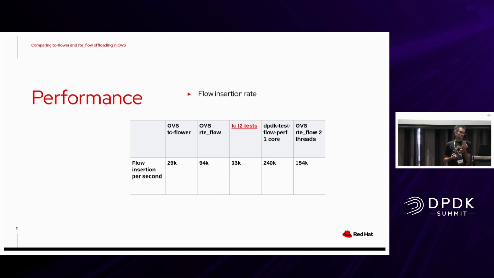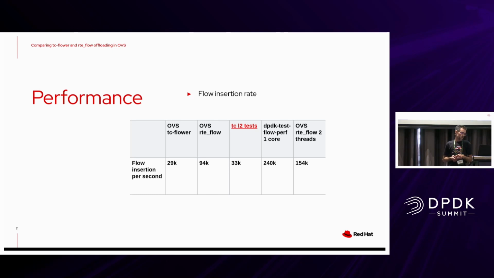But on the DPDK side, we see that there's probably a limit that we reach with OVS, because using the test tools that are in DPDK, we can achieve almost twice or even more, depending on what you are testing.